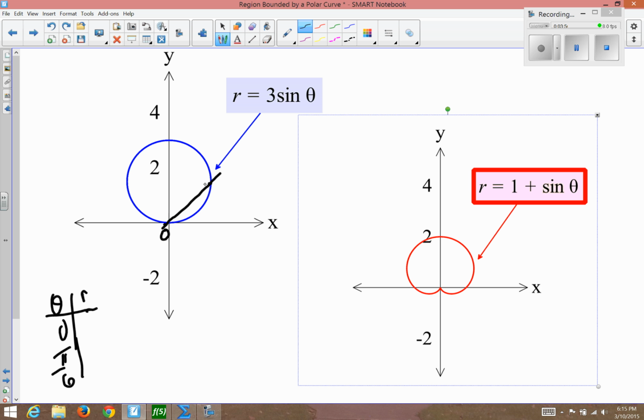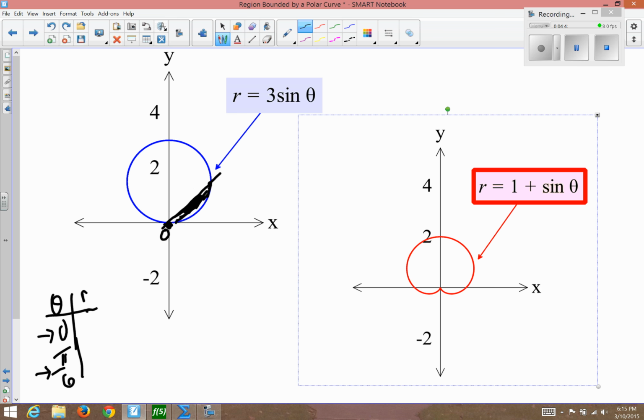I don't really care what the r's are in this case. This circle will sweep itself out. When it sweeps itself out from theta 0 to theta pi over 6, we'll get the area between the curve that's being swept out and the theta equals pi over 6 ray. Because when theta is 0, the blue curve is here at the origin, and it graphs around this way. If we go up to where that pi over 6 line is, we'll get the area of this little section here.